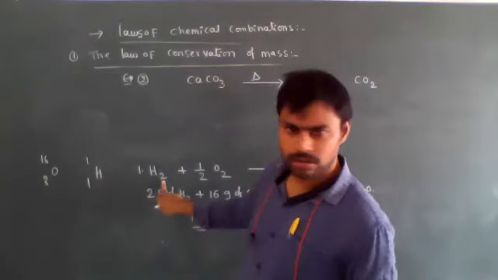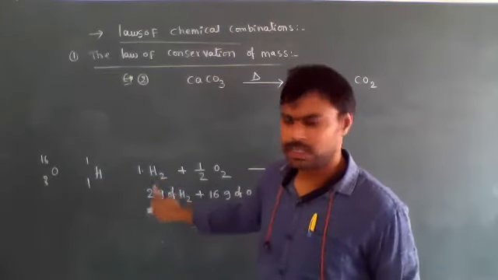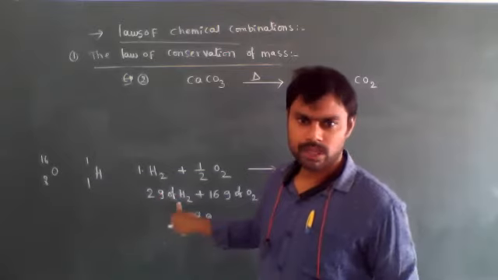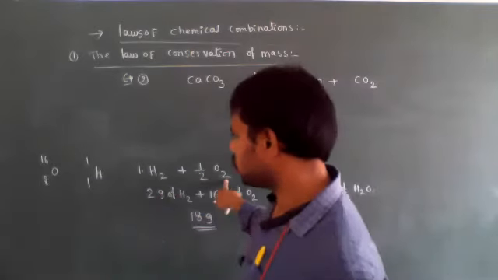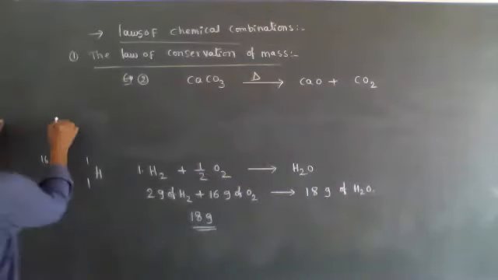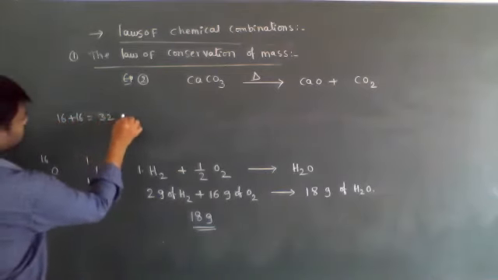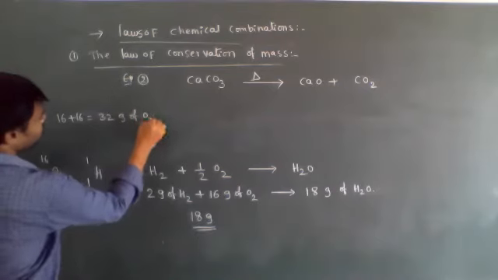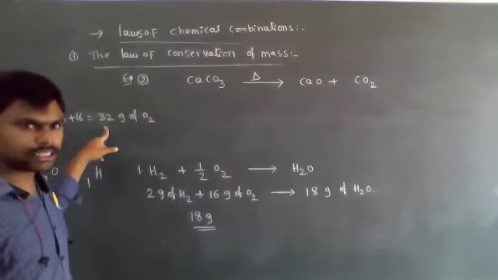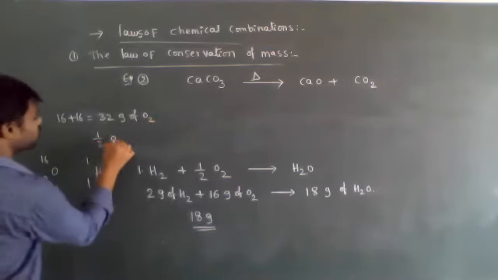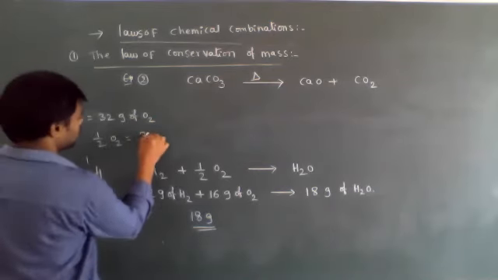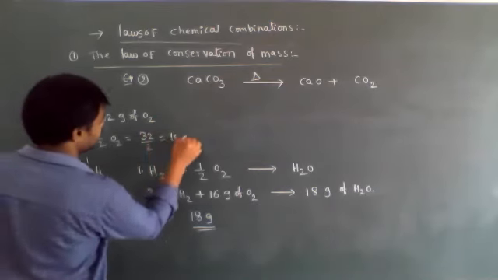So H2 means 1 plus 1, how much? 2 grams. 2 grams of H2 we used. 1 by 2 O2. Generally O2 means 16 plus 16 is equal to 32 grams of O2. 1 by 2 O2 means how much? 32 by 2 is equal to 16 grams.